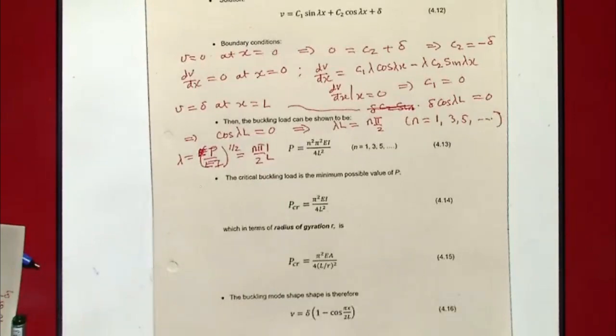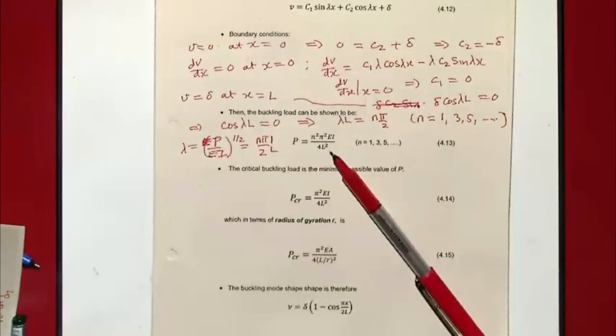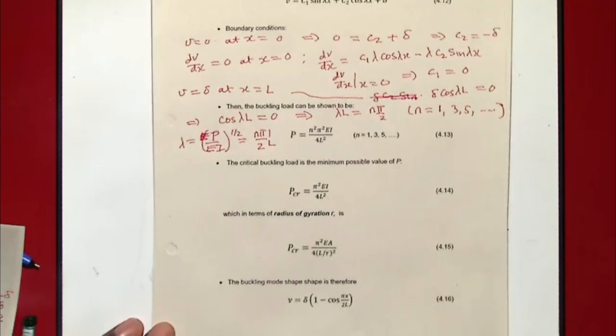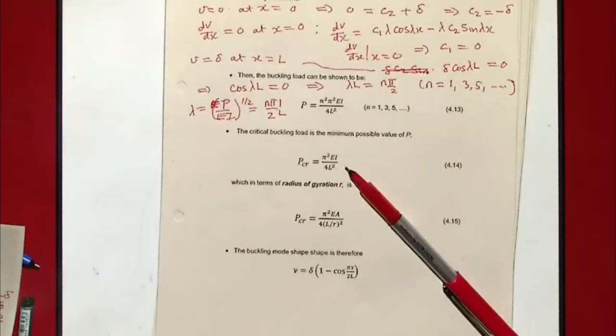Which means we can now find our P. We take the square of both sides. The lowest value is when n equals 1. We can have the second mode, n equals 3, n equals 5, but you will get to n equals 1 first, and therefore we end up with something which looks like that. So if the column is fixed at one end and free at the other end, then we can find the load that we need.